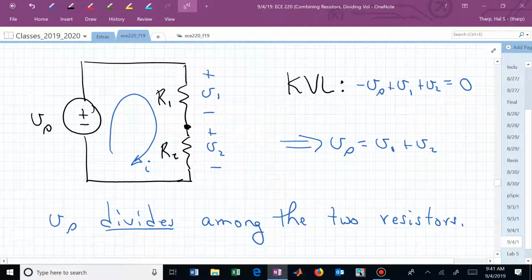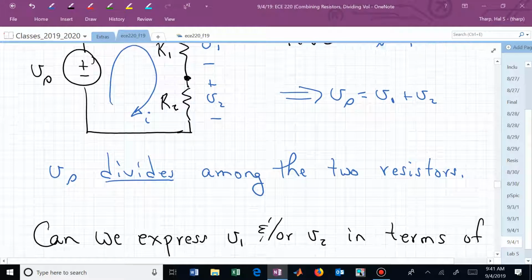And that's what we mean by voltage divider. The voltage, V sub s, is being divided between V sub 1, or the voltage across R1, and V sub 2, the voltage across R sub 2. That's a voltage division. We're dividing the original voltage, V sub s, in this case into two pieces, one across R1 and one across R2.